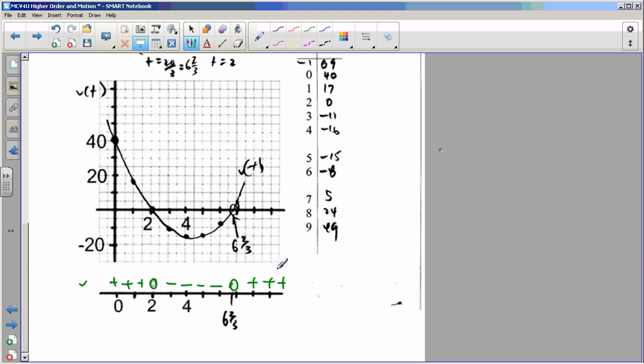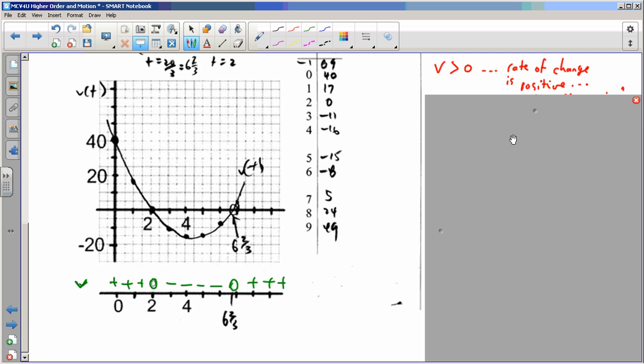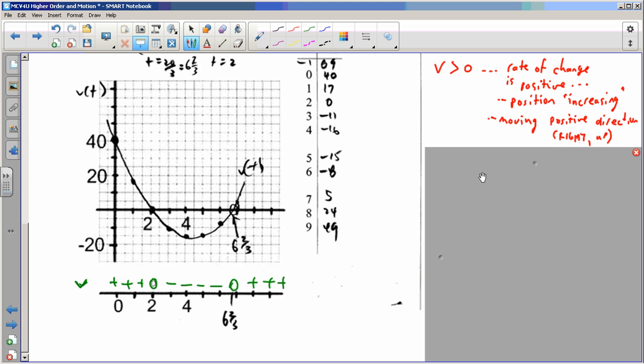So what does that mean? Well, the first derivative, velocity being positive, then negative, then positive. Well, a positive first derivative, the velocity being positive, the rate of change is positive. That means the position would be increasing, and it's moving in a positive direction.